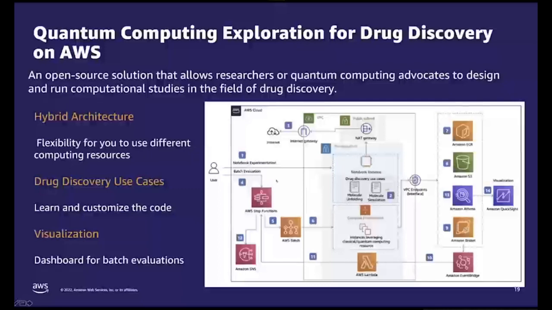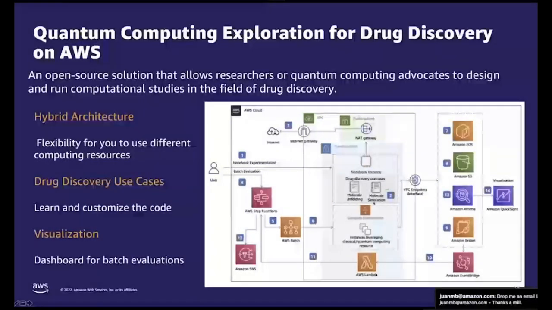And this solution provides you with 3 benefits. It's a hybrid architecture. It provides you with flexibility to use different computing resources, like AWS Batch for classical computing and Amazon Braket for quantum computing. And it provides you also with some notebooks to learn the drug discovery use cases, like molecular unfolding or molecular simulation.